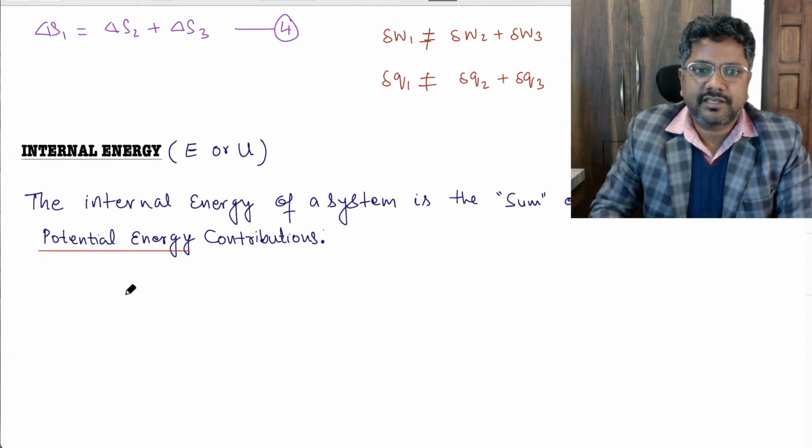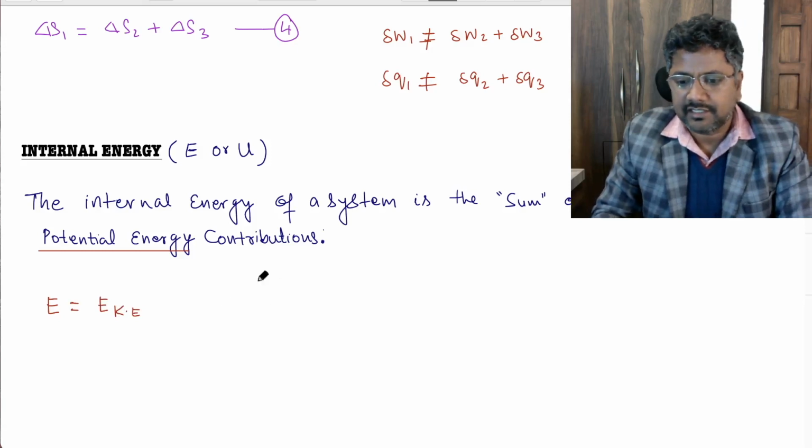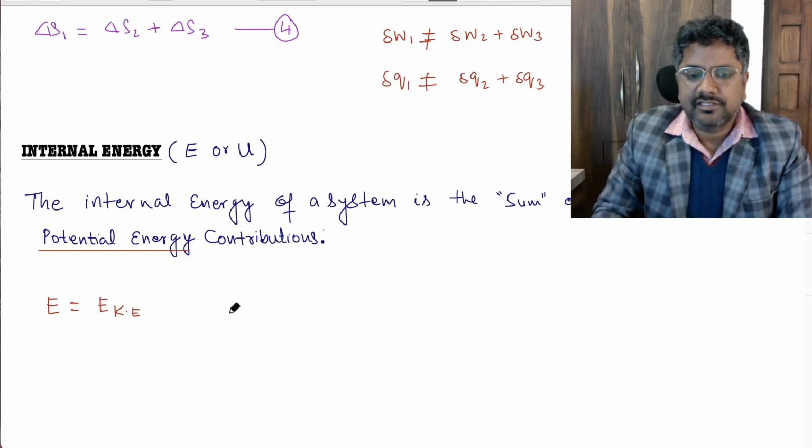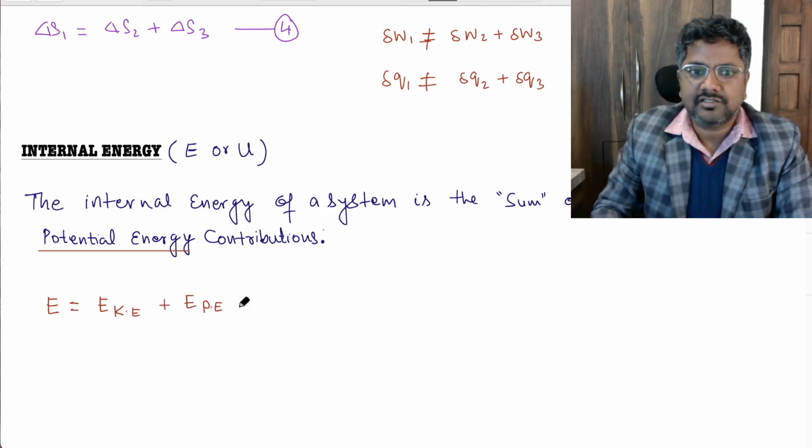So we can say that E is equal to E kinetic plus E potential, kinetic and potential, right?